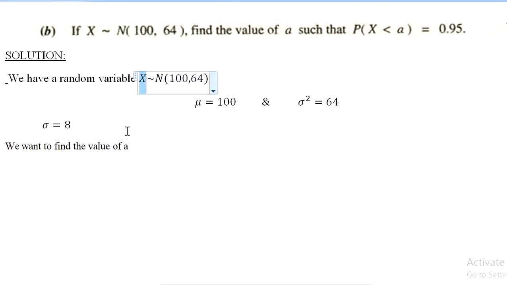We have random variable x and we want to find its value a. Clear? But there is something extra given in this question, which is that x is less than a is equal to 0.95. Now what is this probability? Probability means area. We have to find a point such that the area less than it is 95%, so obviously the area above this point will be 5%, out of the total 100% area. So the point will be on the right side of mu, that is, to the right of the center, because 95% area exists before it. So from here we have to find the value of a.